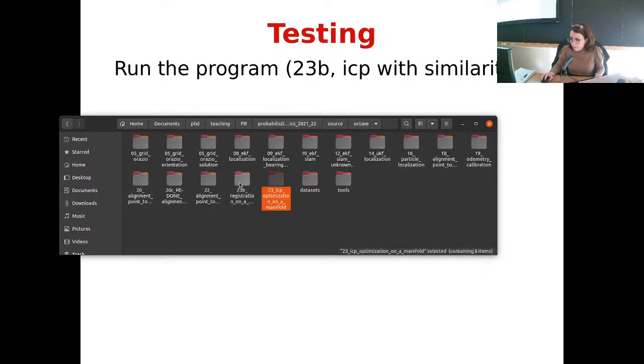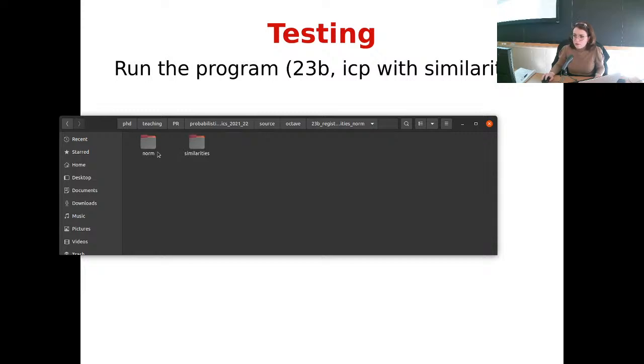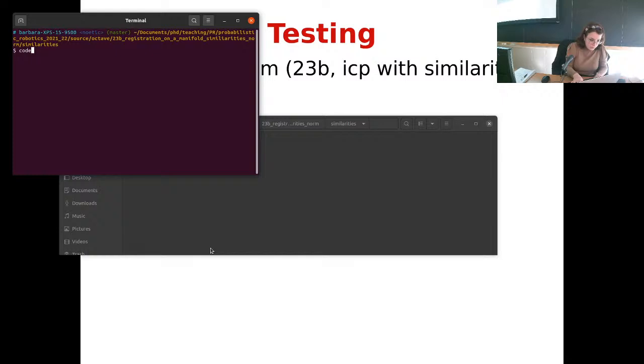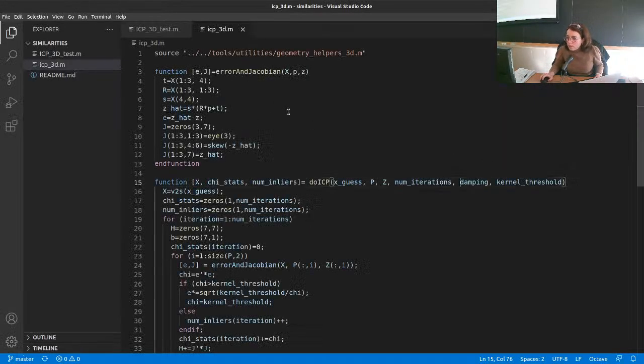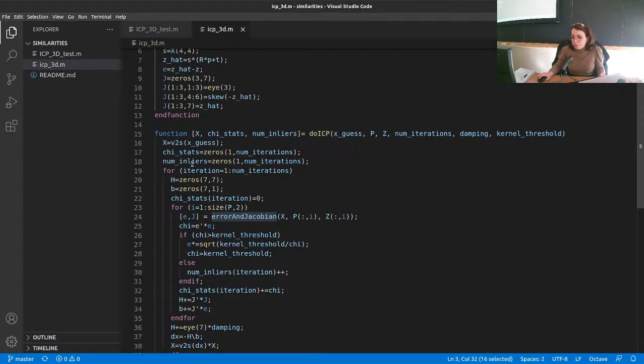So octave, 2D registration, similarities, and then go to code, and here you have, in the geometry helpers 3D, as usual, the transformation from vector to similarity. But here in ICP 3D, you find the computation of the error and the Jacobian, and the usual do ICP function.